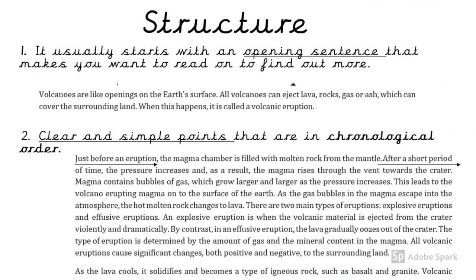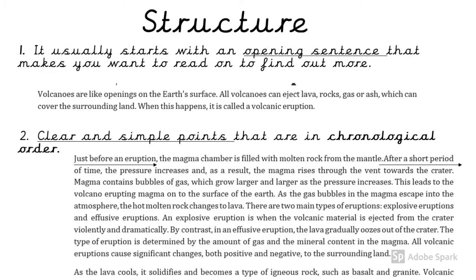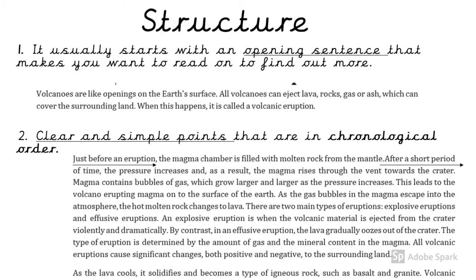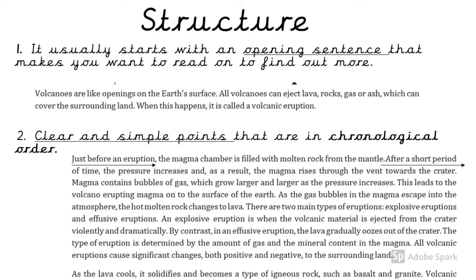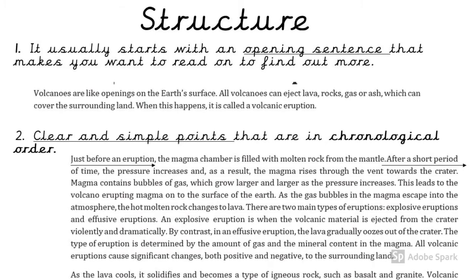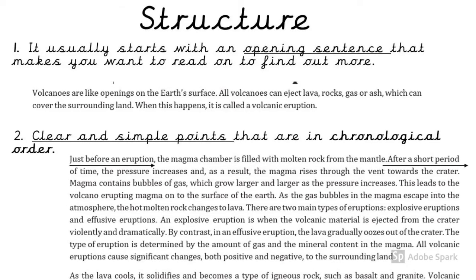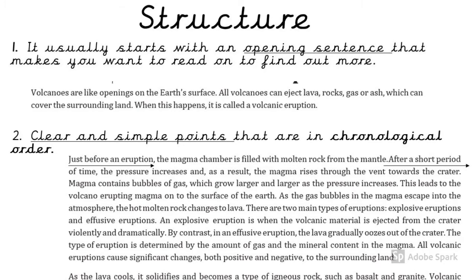As mentioned previously, you can see that we have an opening sentence that makes you want to read on or find out more about what you are reading. It is also written in clear, simple points that are in chronological order. We have our fronted adverbials at the beginning of our sentences, and they are obviously also time conjunctions telling us when it's happening, so just before, after a short period.